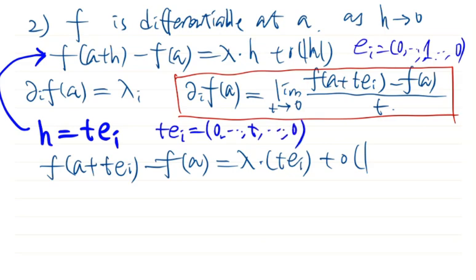So h goes to 0 is equivalent to t goes to 0.